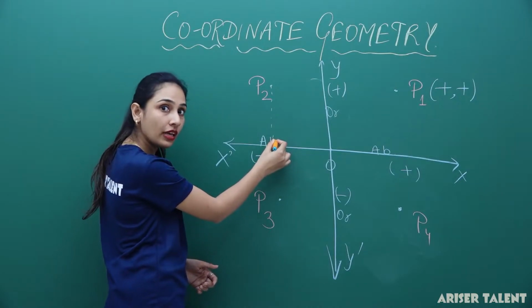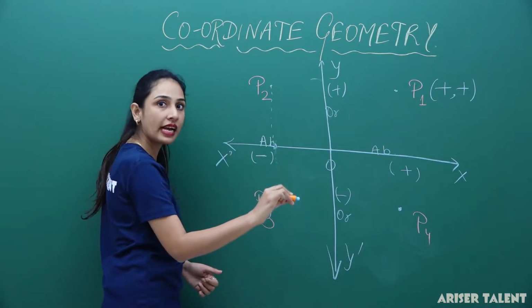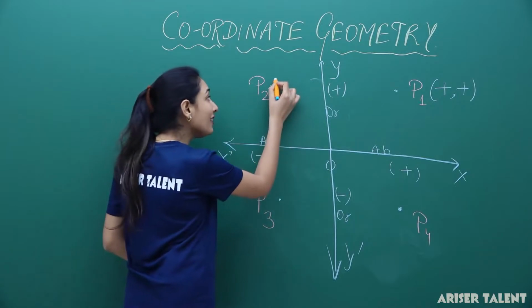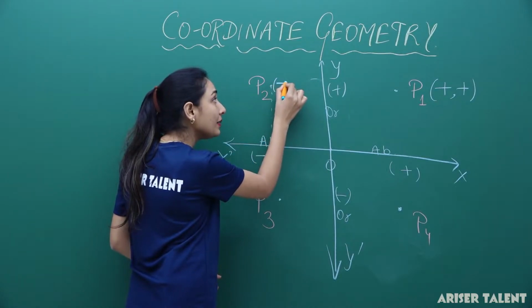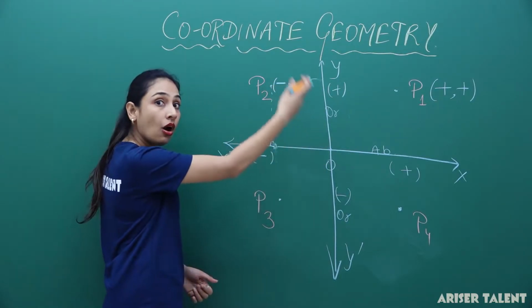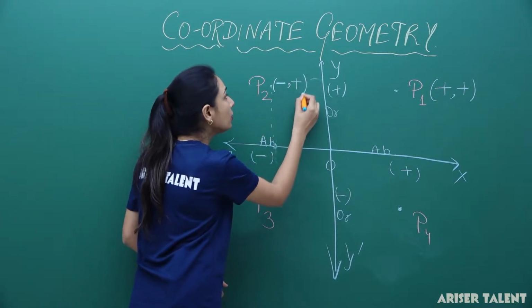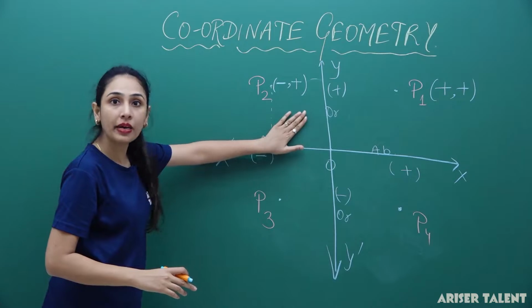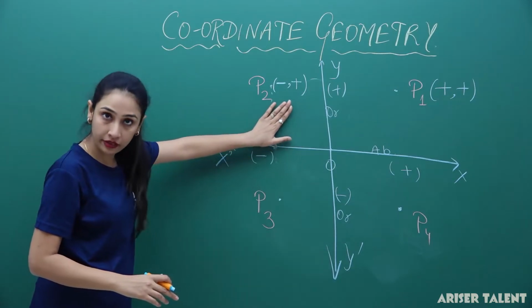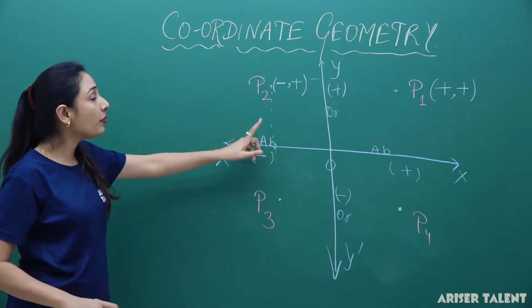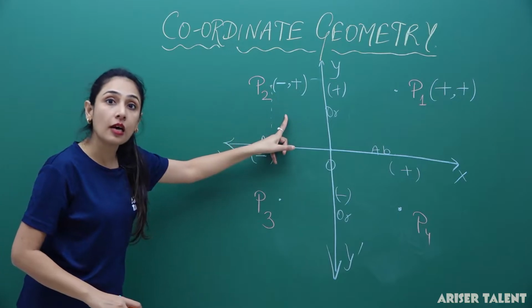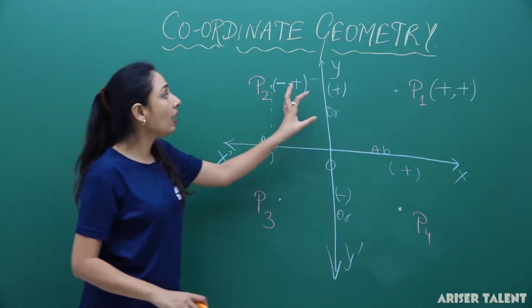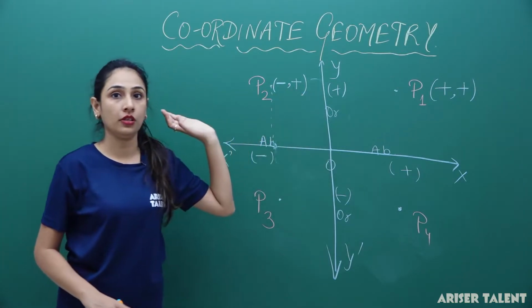X dash is always negative. So, the abscissa will be negative, but the ordinate will be positive. Now, it is true for all. If you have this second compartment and any point there, it will always have a negative abscissa and a positive ordinate.